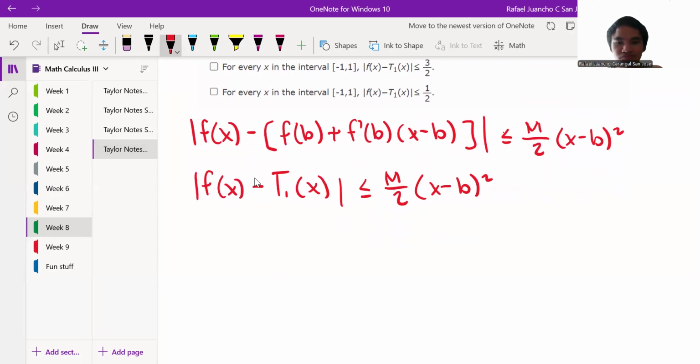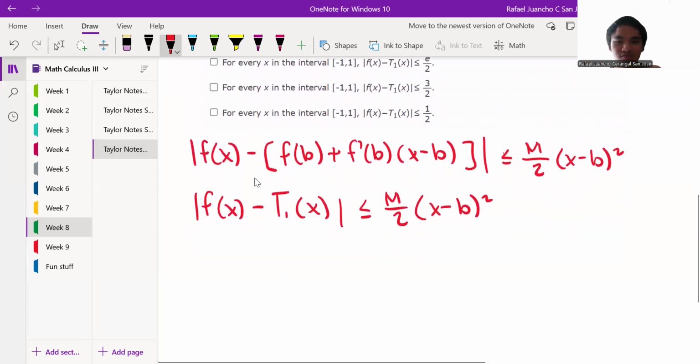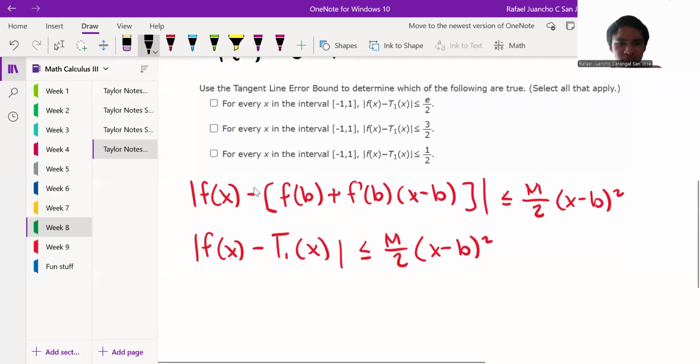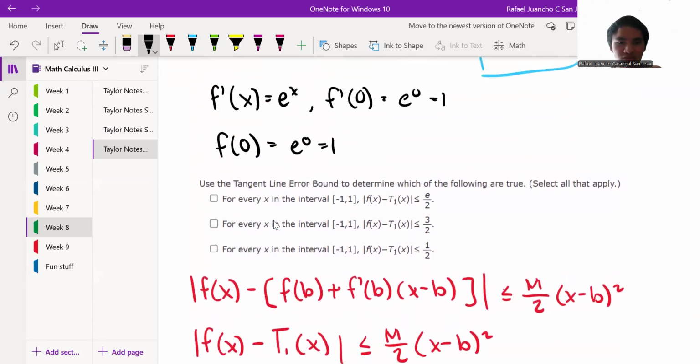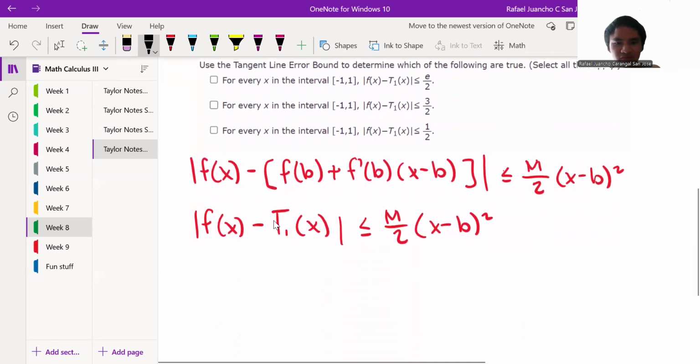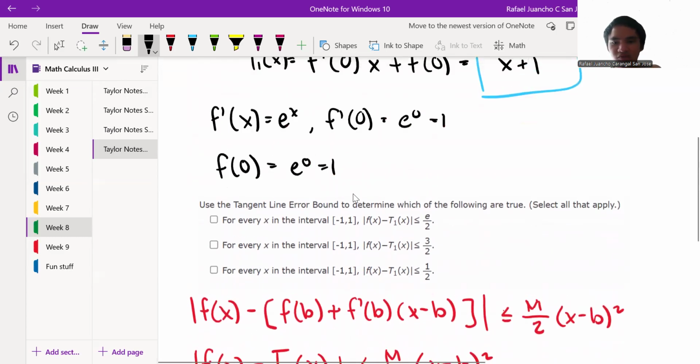And then let's just plug it in and see what this is. So f of x minus my first Taylor polynomial is less than or equal to, what's my m?